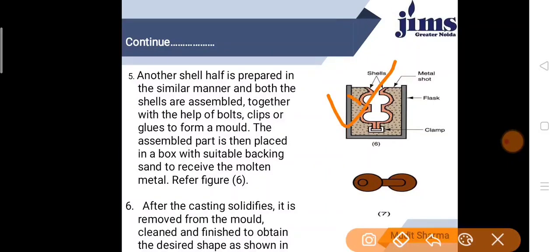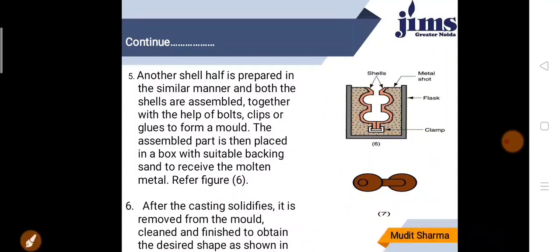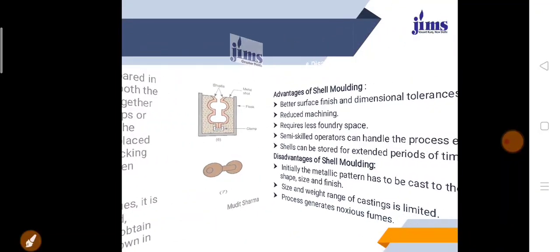The shell thus formed constitutes one half of the mold. The second half is prepared in a similar way. So why this process? We can create shells, like a hollow cavity, for our part. I hope you will understand.